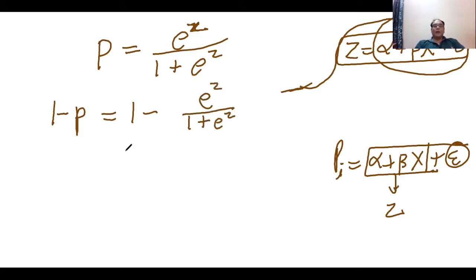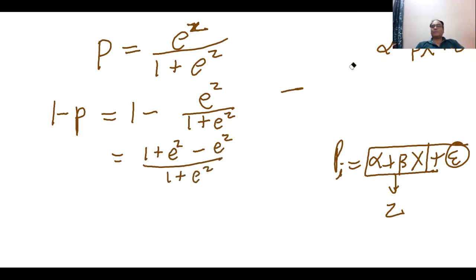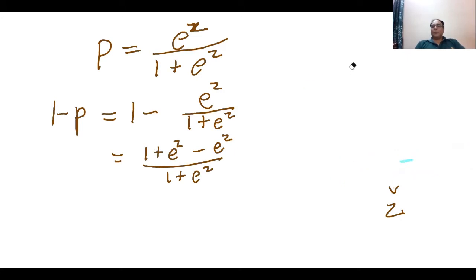Let's solve it: it is 1 plus e to the power z minus e to the power z, over 1 plus e to the power z. It is a simple calculation; I hope you will not be afraid of this. The e to the power z terms cancel, and it is simply equal to 1 upon 1 plus e to the power z.